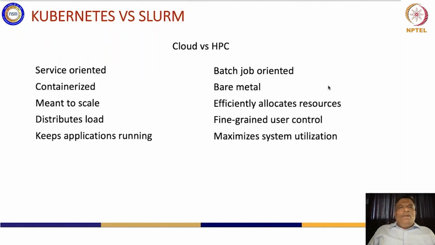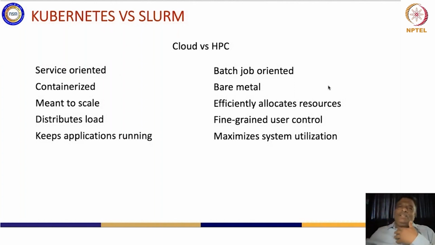So this is how it is a bit differentiated, right? Now coming down to how the implementation happens. Kubernetes is basically used for a cloud-like situation. So it is service-oriented, it's containerized, it can be scaled, and it does load balancing on its own, and it will ensure that your quality of service is maintained and it keeps the applications running. Whereas in the case of HPC, it is basically batch type work.